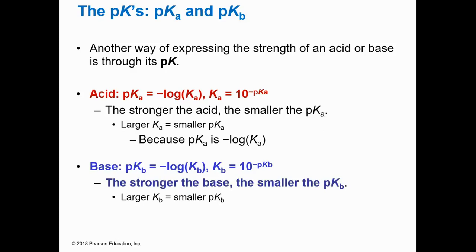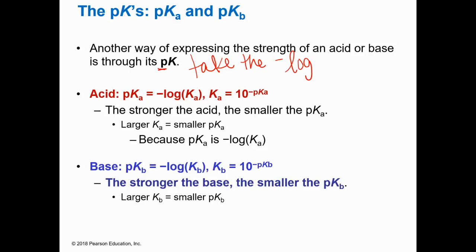All right, so now we're going to talk about pKa and pKb. Y'all, if you see the small p, it means take the negative log of whatever is after the p. So pH is take the negative log of H. pOH, take the negative log of OH. pK, take the negative log of that K value.